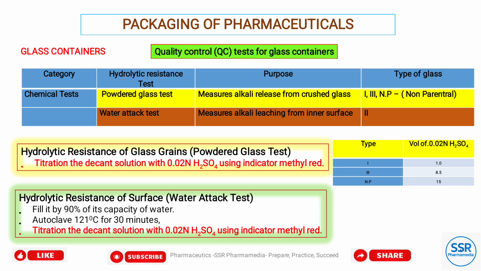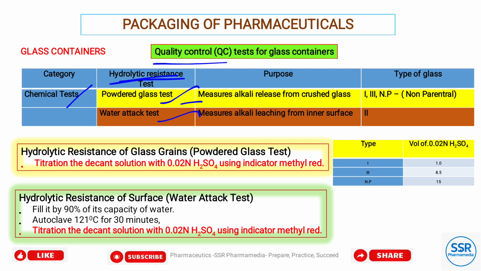Next is quality control tests for glass containers. First the chemical test, the hydrolytic test. To check hydrolytic resistance, first is the powdered glass test and the water attack test.